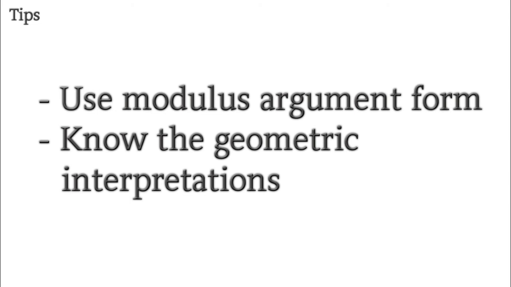For division, I must clarify, because dividing is essentially multiplying by the inverse, so basically if you divide by 3, you multiply by 3 to the minus 1. You do the same for division in modulus argument, and so essentially what you would do in division is you divide the modulus the normal way, and for the argument, instead of adding, you subtract the argument.